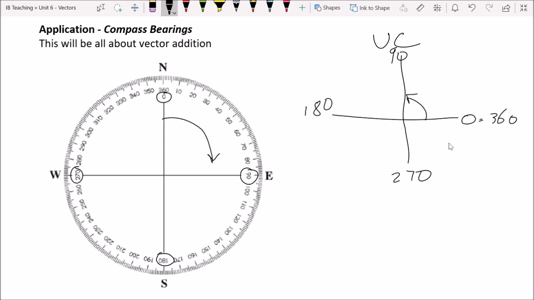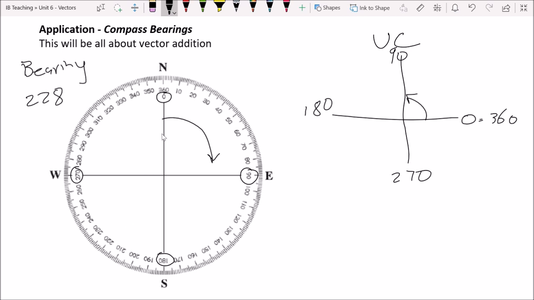Now, your calculator does not speak bearing. If you type bearings into your calculator, you're going to get ridiculous answers. So please be mindful of that. Make sure that everything you type into your calculator is a unit circle value. Sometimes we're going to have to convert it. For example, if we said a bearing of 228, let's convert that into a unit circle number.